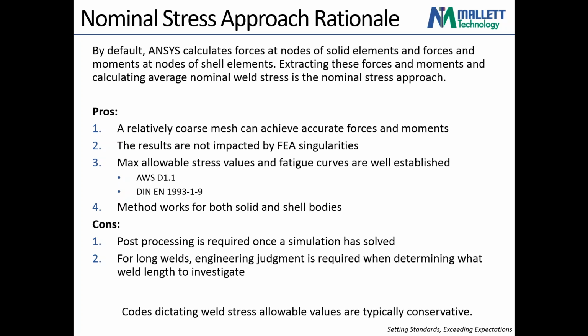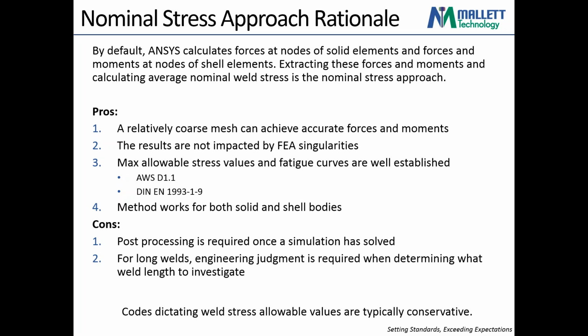The next benefit: there are numerous well-established standards out there that give you allowables for the nominal stress approach, right? The challenge here is, let's say we have amazing hardware and we can model welds explicitly in everything we do and mesh them incredibly finely. We could simulate that, run it, and then the question comes back, once you query the weld stress at a weld toe or something, what's the allowable, right?